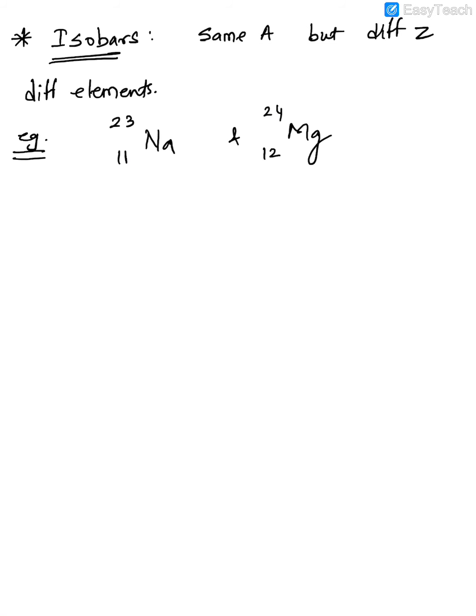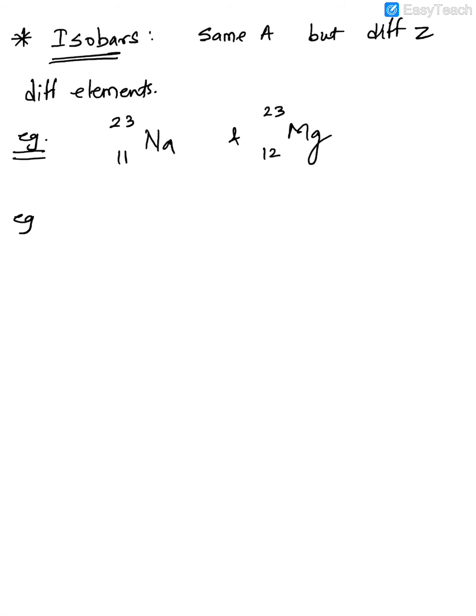So the atomic numbers are different, but the atomic mass, by mistake I've written 24 here, so I'll correct this myself, will become 23. The atomic masses are the same for both, but the atomic numbers are different, and that's why they are called isobars. Isobars will exist in atoms of different elements, remember.